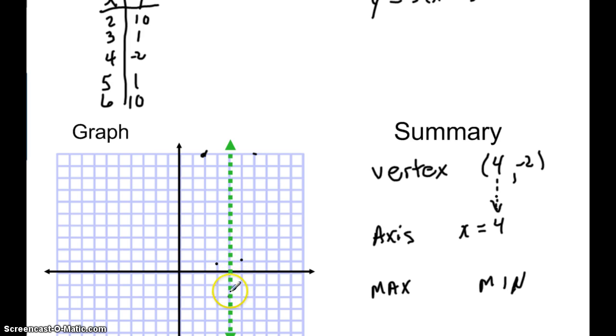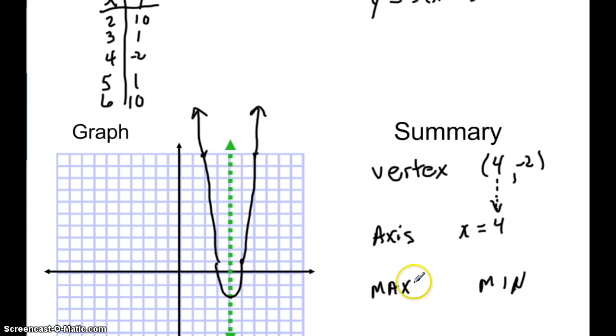Let's go ahead and graph this. Nice smooth curve here. Make a little smiley face, and then let's connect the smiley faces. Continue these graphs on because they go on forever and ever. There's our graph.